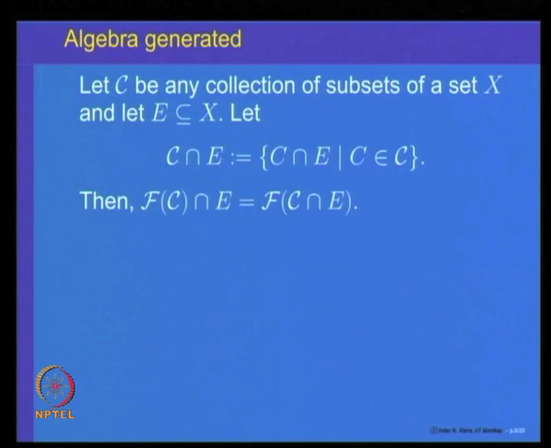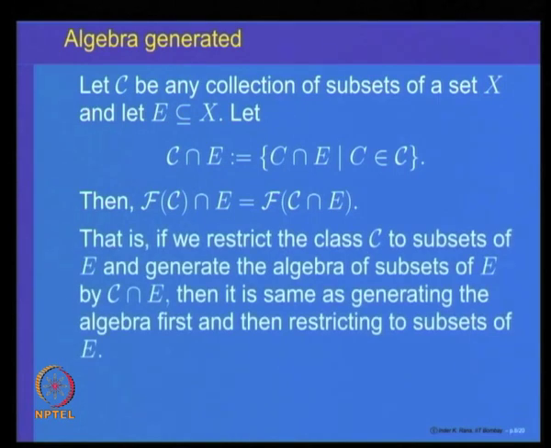So, what we are saying is, given a collection C of subsets of X, if we restrict the class C to the subsets of E and then generate the algebra of subsets of E, that is same as first generating the algebra and then restricting that class of sets to E. This is going to be very useful later on when we want to restrict collection of sets to subsets of it. Okay.